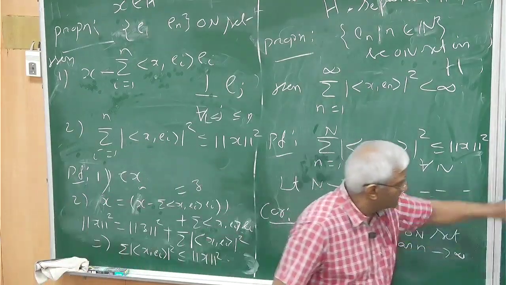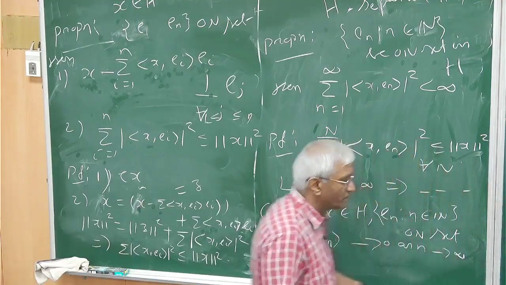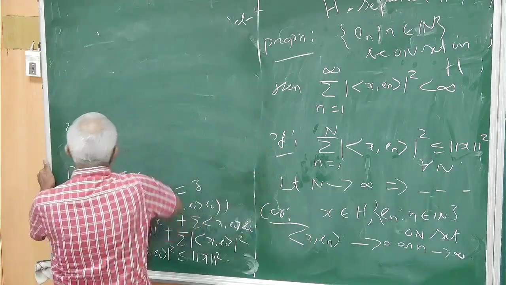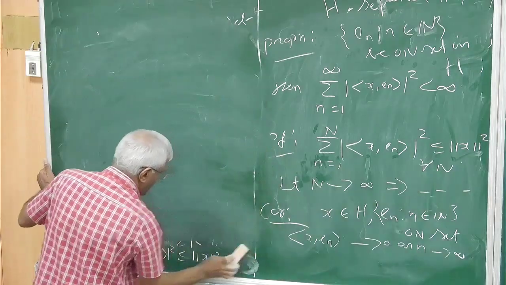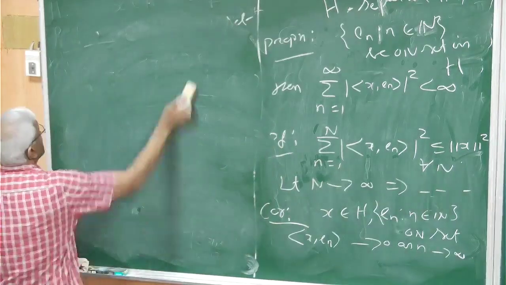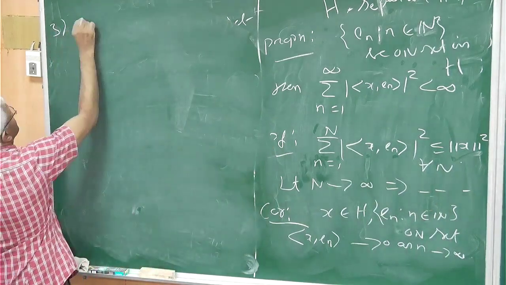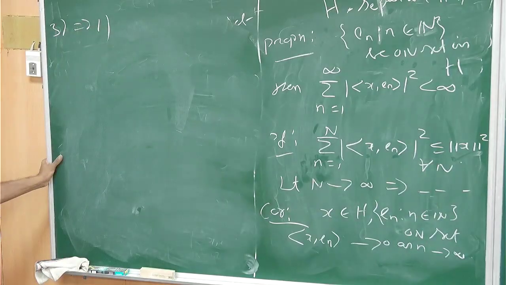I mean, you have to prove this. So now 3 implies 1.